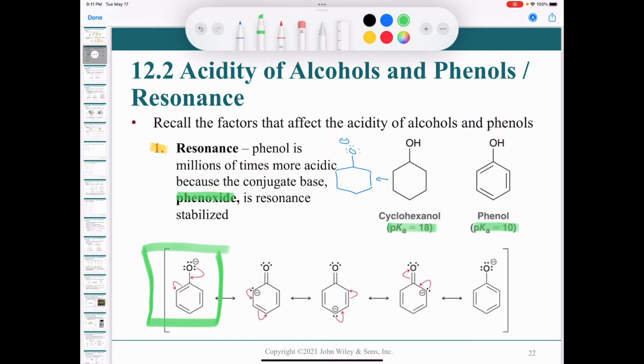And you can see that there's a big difference here because we can draw several resonance contributors. And since that negative charge is stabilized, since it is delocalized throughout the ring, the conjugate base of phenol is more stable than that of cyclohexanol, is the conclusion we would draw. And that is why phenol is a stronger acid than cyclohexanol. It's because of resonance.